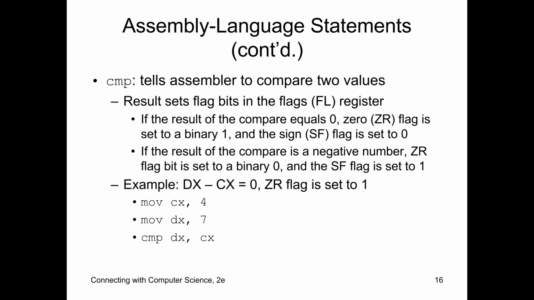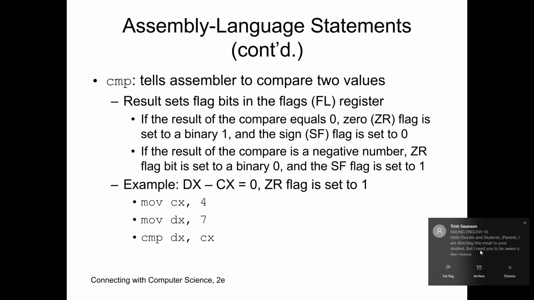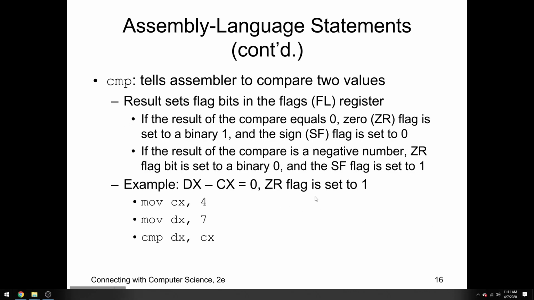In a high-level language, you'll compare them and get back a true or false, or a 0 or 1. If the result of the compare equals 0, the zero flag is set to binary 1 and the sign flag is set to 0. If the result is a negative number, which means they do not compare as equal, then the zero flag is set to 0 and the SF flag is set to 1.